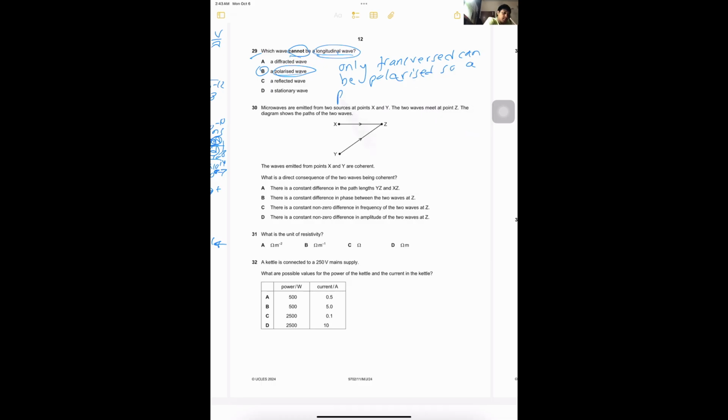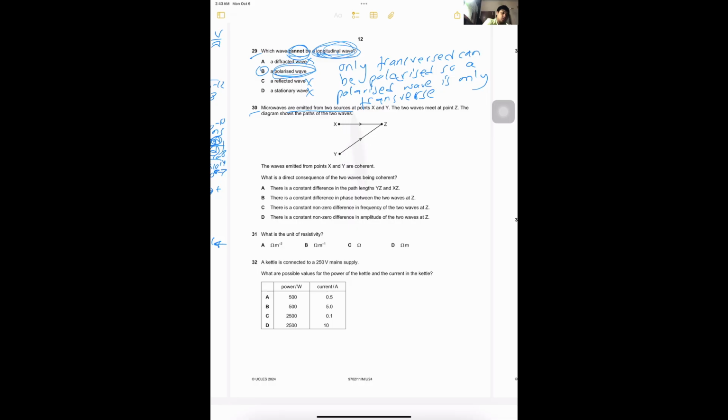So a polarized wave is only transverse, so it cannot be longitudinal. So that should be the answer. Diffracted waves can be longitudinal. Reflected waves also, stationary waves also can be longitudinal. So the answer is B.